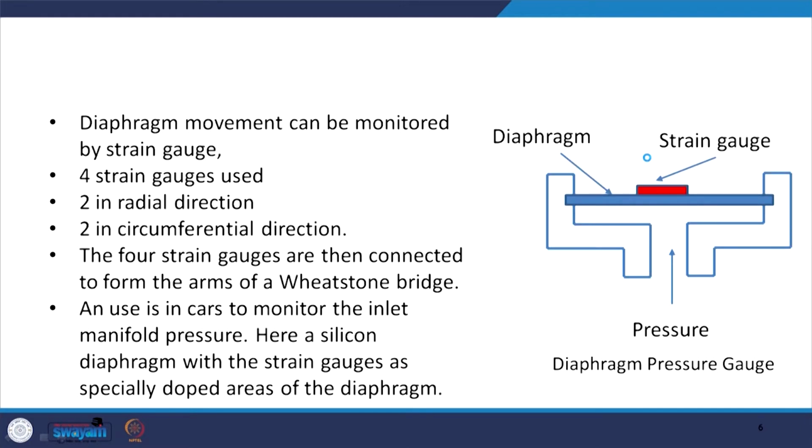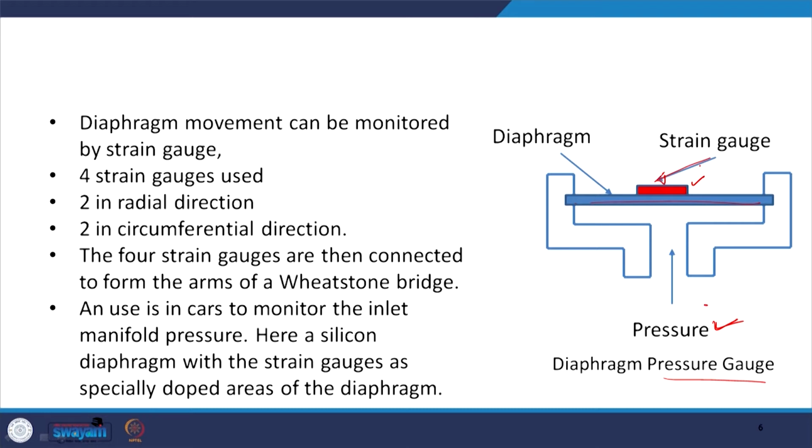The diaphragm movement can be monitored by strain gauges. Suppose you have a diaphragm pressure gauge here, where pressure is supplied from this side, and here is the diaphragm, and the strain gauge is this element.